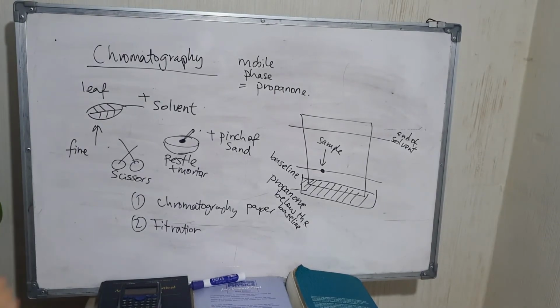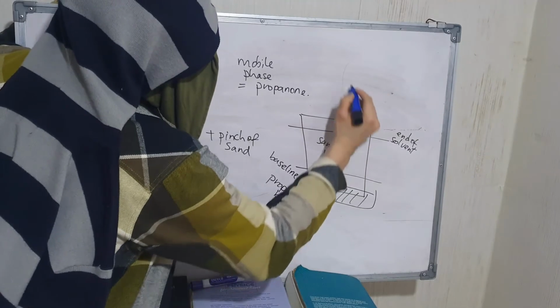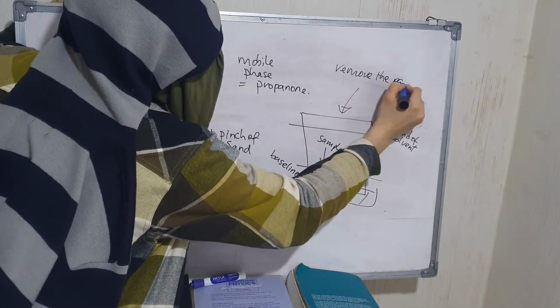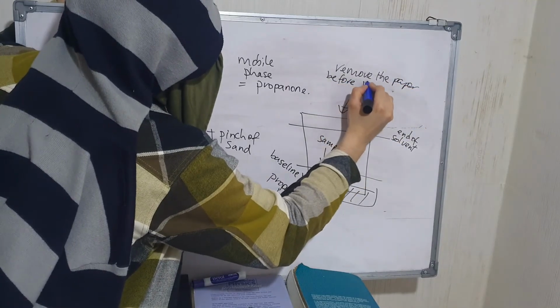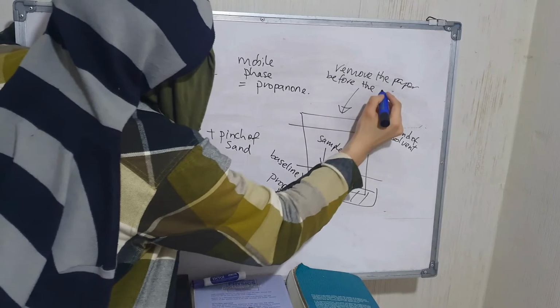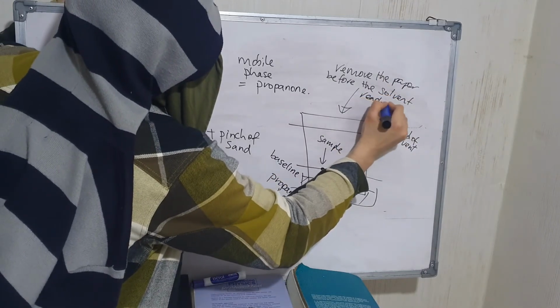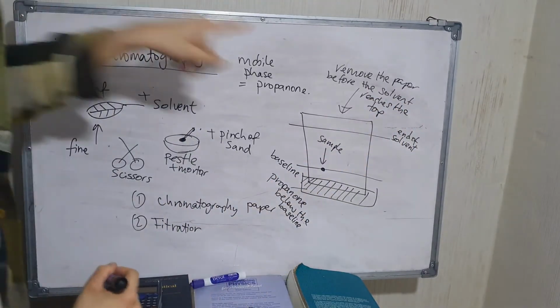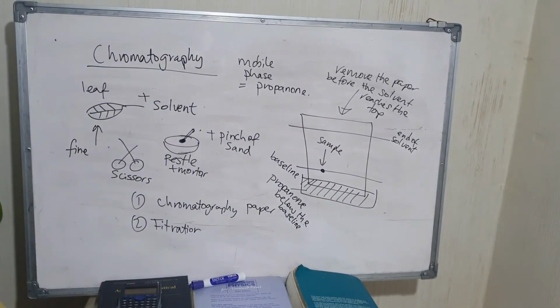So you need to remove the paper before the solvent reaches the top, and then you mark the level.